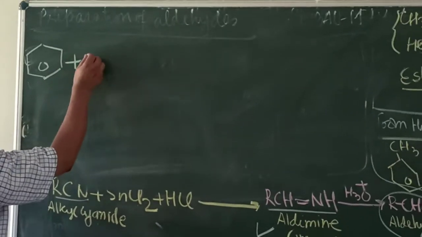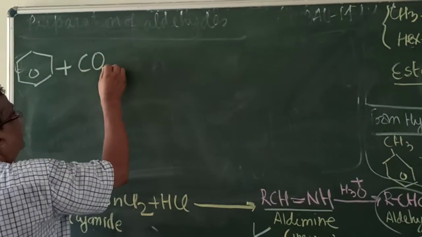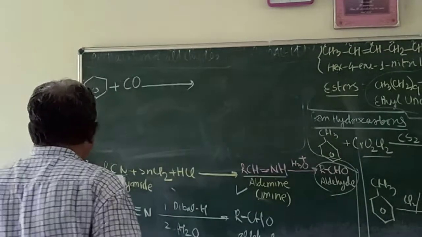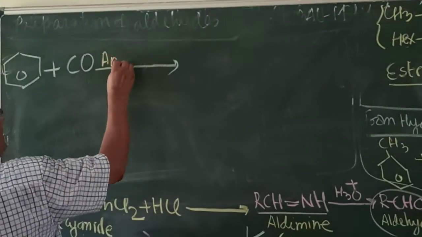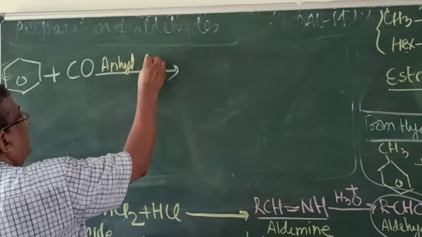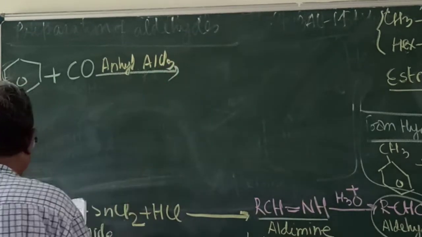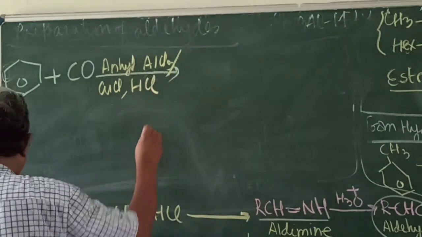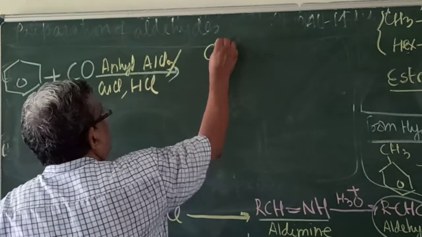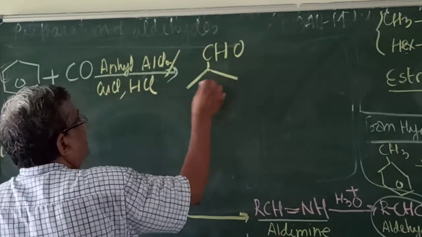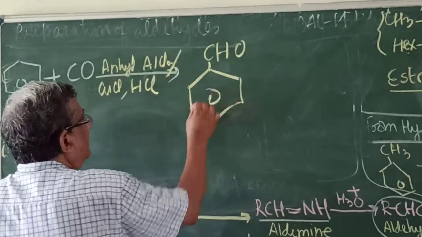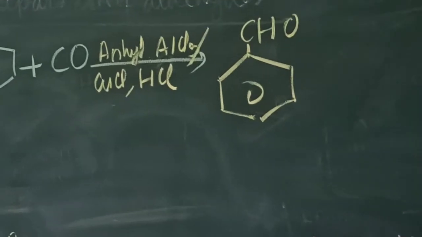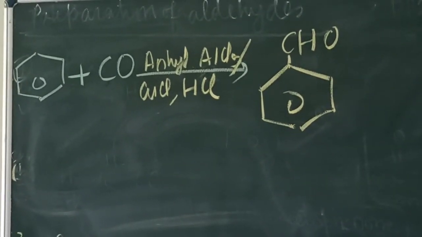We treat this with carbon monoxide in presence of anhydrous AlCl3 or CuCl, HCl, and we get here benzaldehyde. This is known as Gattermann-Koch reaction.